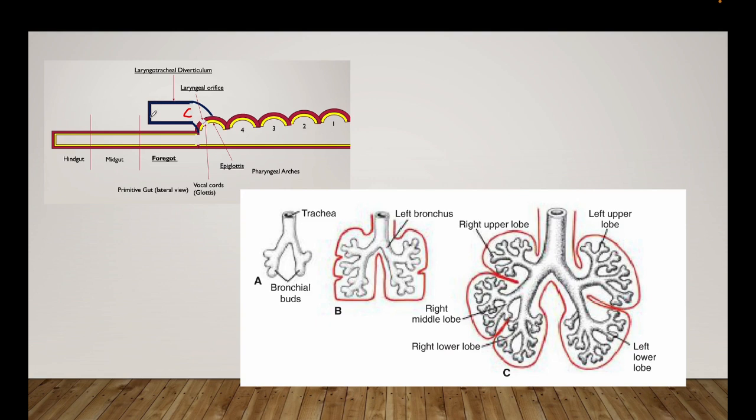The distal part develops into the lung bud. The lung bud branches into 2 bronchial buds. Then we have a series of branches, different stages that I will discuss shortly. In the end we will have this beautiful bronchial tree as you can see here.